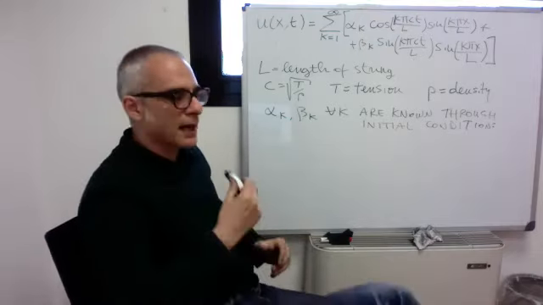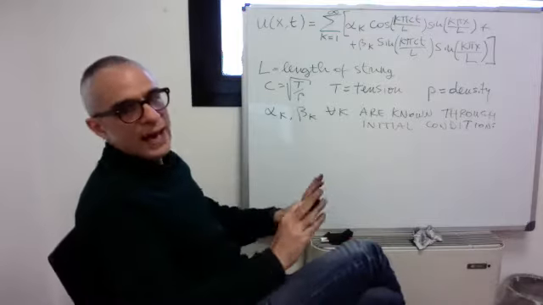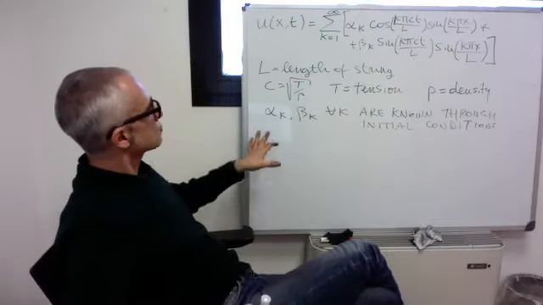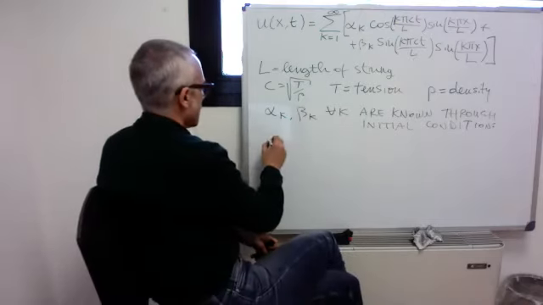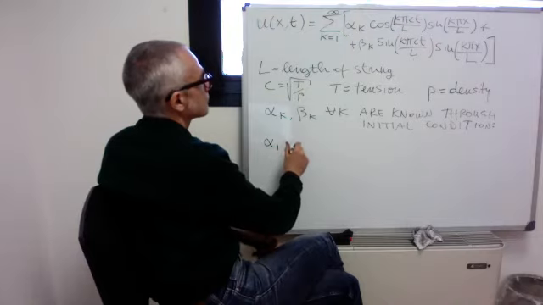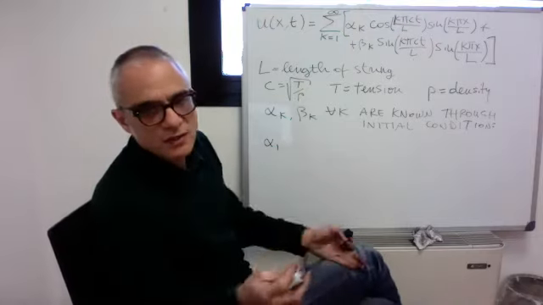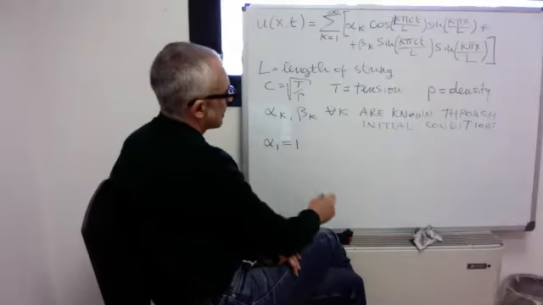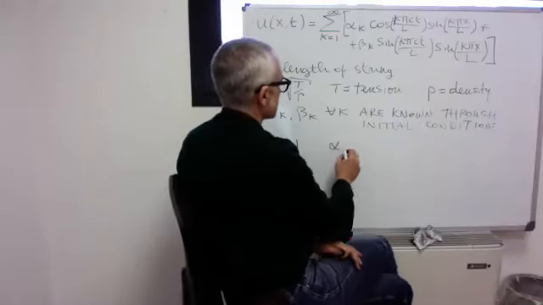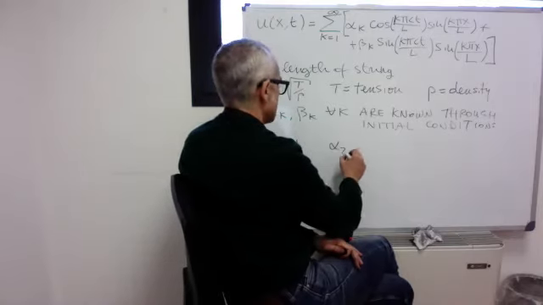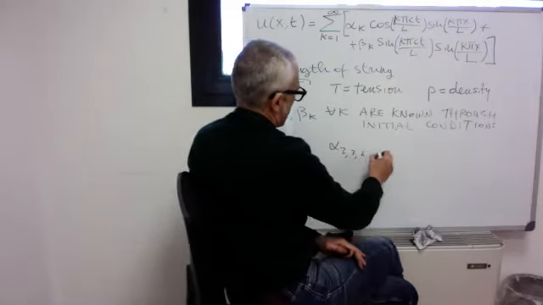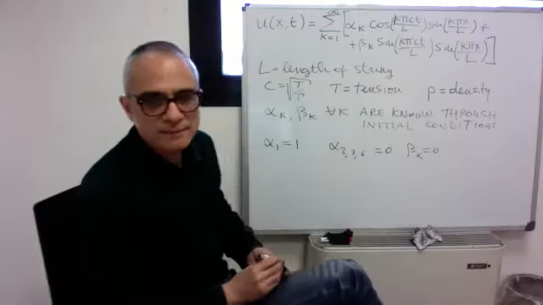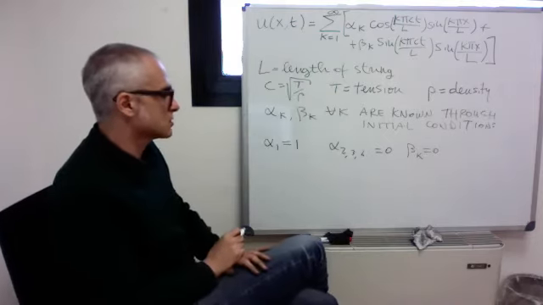But I'll get back to this later. For now, let's just assume that you can put yourself physically in a situation where alpha 1, and maybe there's no initial velocity, so we make it even simpler, alpha 1 is 1, and all the other coefficients are 0. This is something that's allowed to happen on our string.